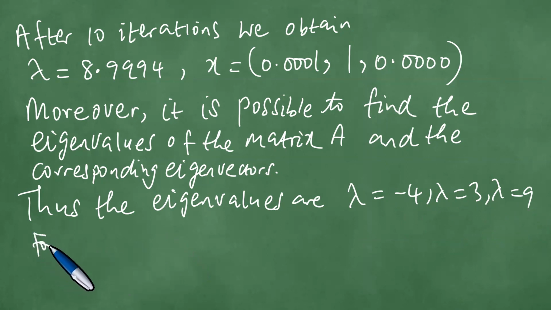For lambda equals 9, the eigenvector is.